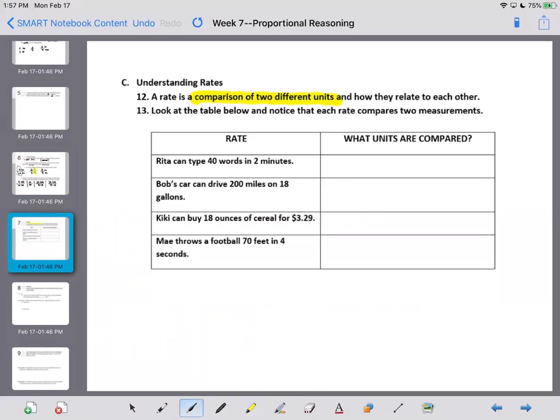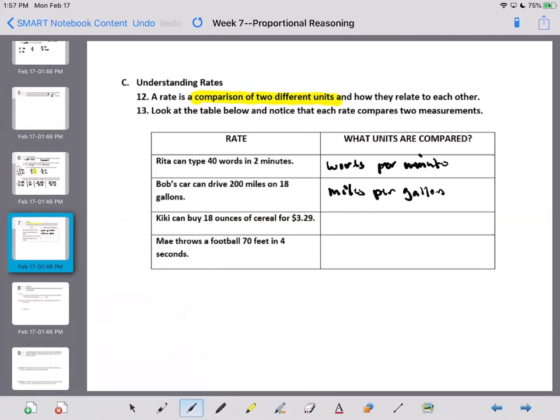So when we say Rita can type 40 words in 2 minutes, typically our units are words per minute. That's what we would be comparing. Bobby's car can drive 200 miles on 18 gallons. Our units are miles per gallon.